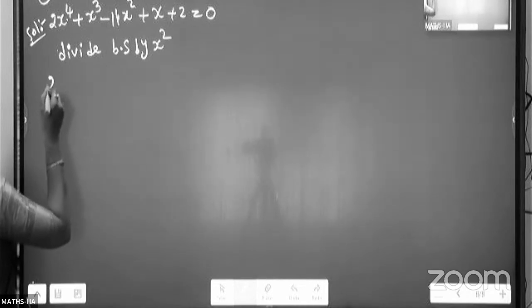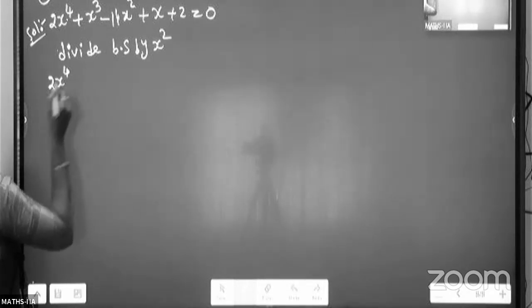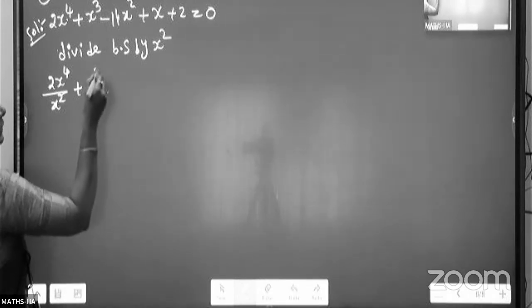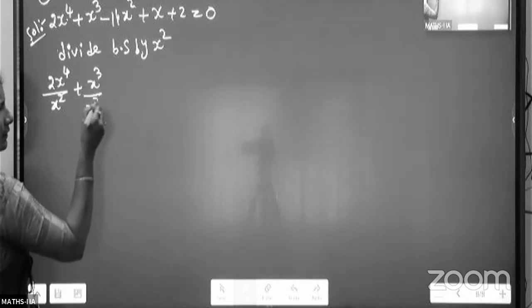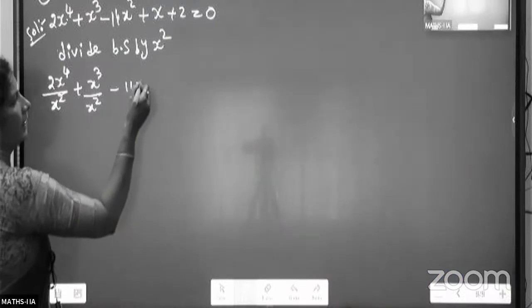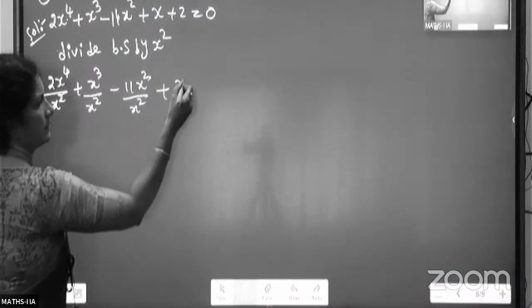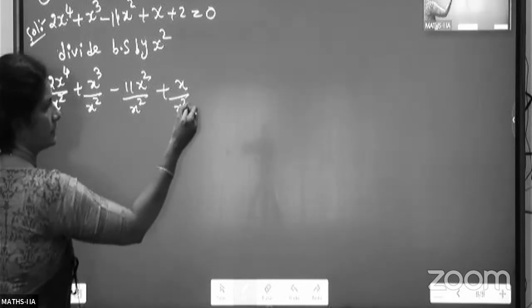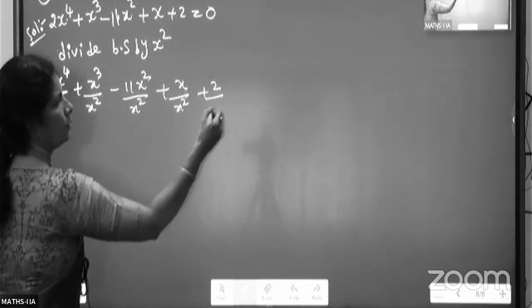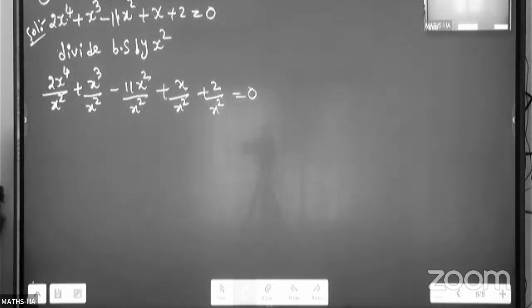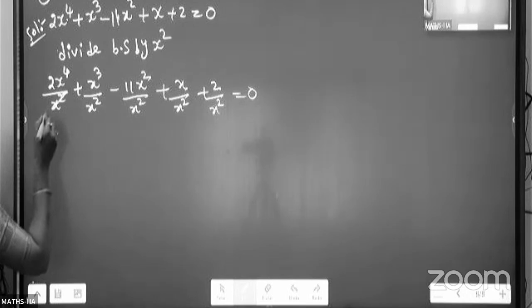Individually divide: 2x power 4 by x square plus x cube by x square minus 11x square by x square plus x by x square plus 2 by x square is equal to 0. So what are the cancellations?